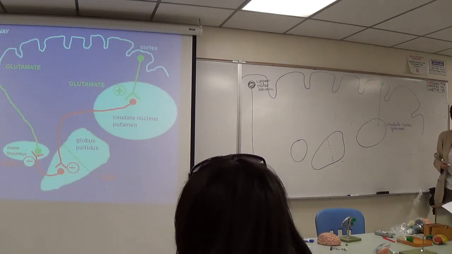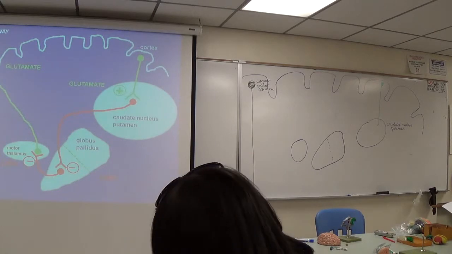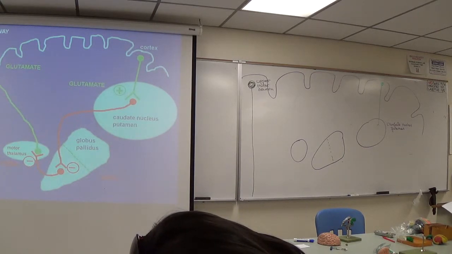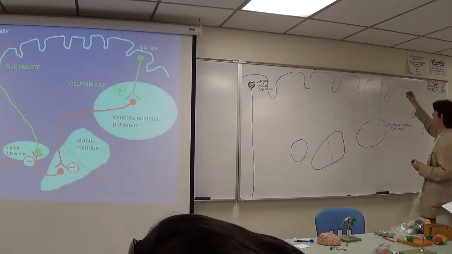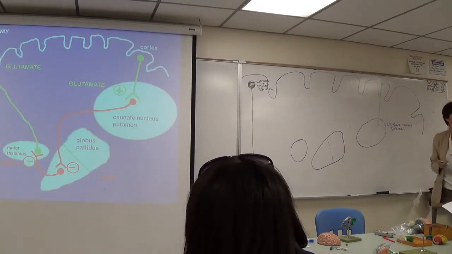It releases a neurotransmitter, which is excitatory. And what we mean is it is more likely to cause the neuron it synapses with to form an action potential. So remember, the action potential is that electrical current that is traveling along the axon.